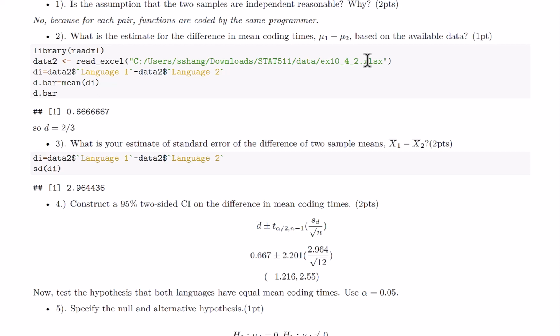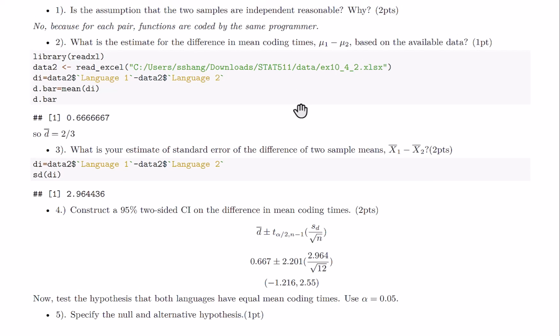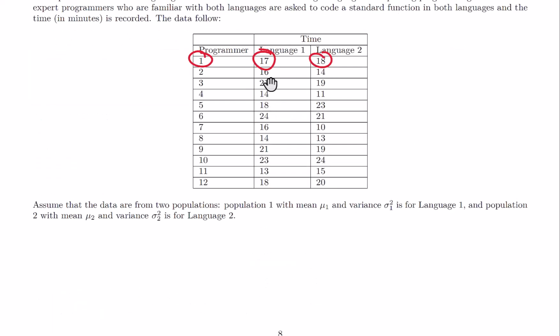So here we gotta be careful. We have two ways to do it, okay? Let's go back to here. One way, you just get the difference, the Di, so here 17 minus 18, which is -1, 16 minus 14, which is 2, and then 2, and then 3, all the way down. And then you put the Di as the workhorse, we're gonna keep working.